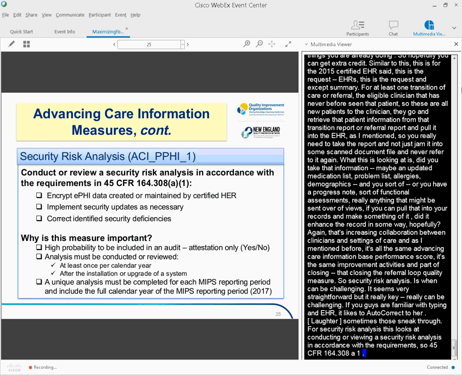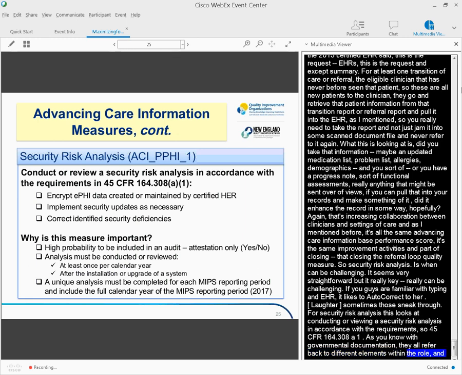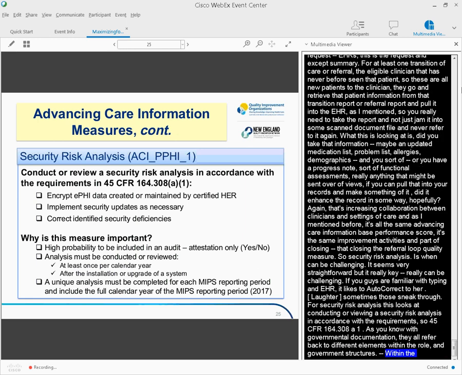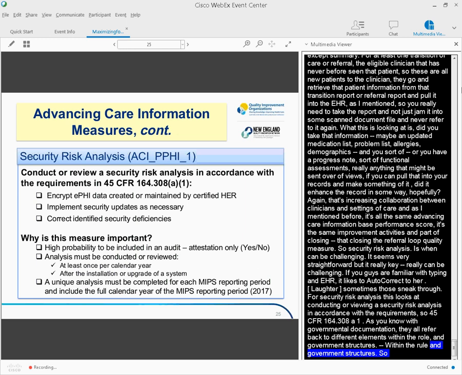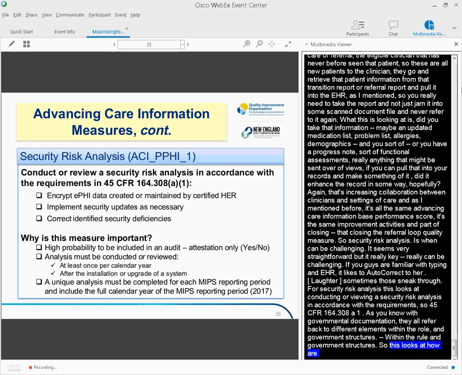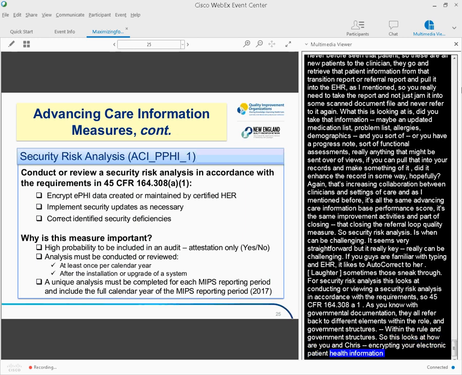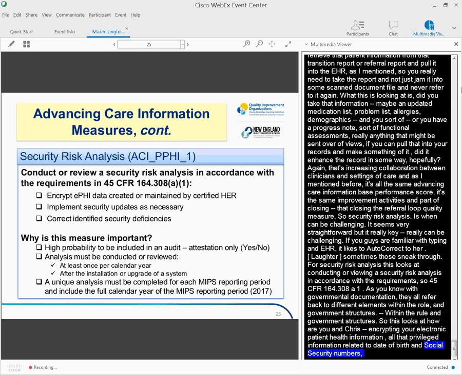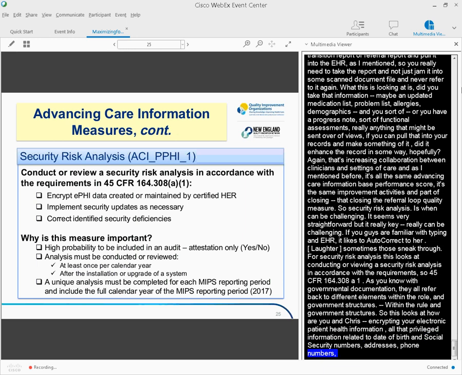So this measure really looks to how are you encrypting your electronic patient health information, all of that privileged information related to date of birth and social security numbers, addresses, phone numbers, anything related to their specific conditions, so problem lists, medications, anything that can be tied back to that patient. How are you encrypting that?